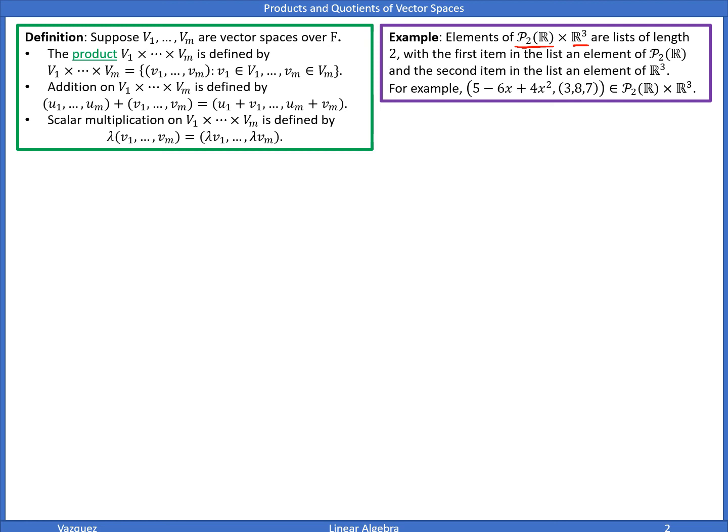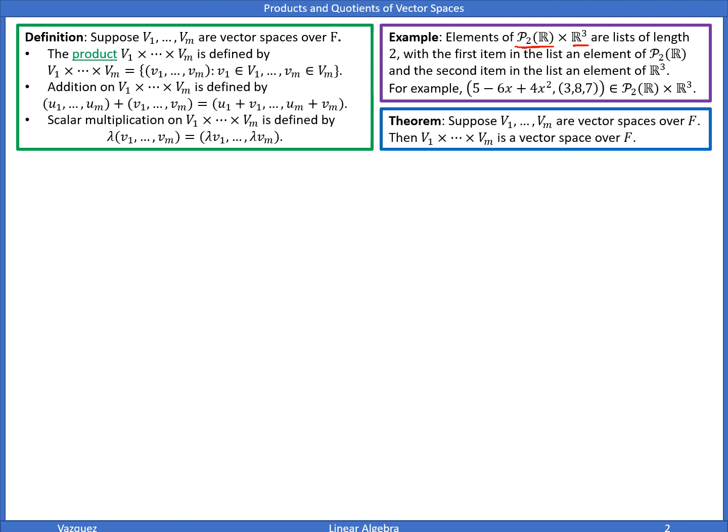And in fact, as you probably imagine, if we take the product of V1 to Vm, it is a vector space over F. You already know how scalar multiplication and addition are defined. I won't go ahead and prove that because, again, that's exercises from chapter 1.